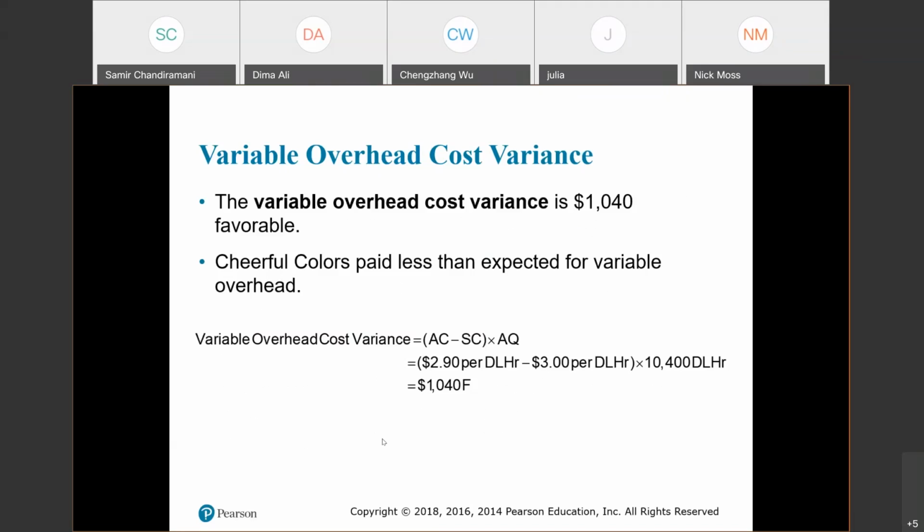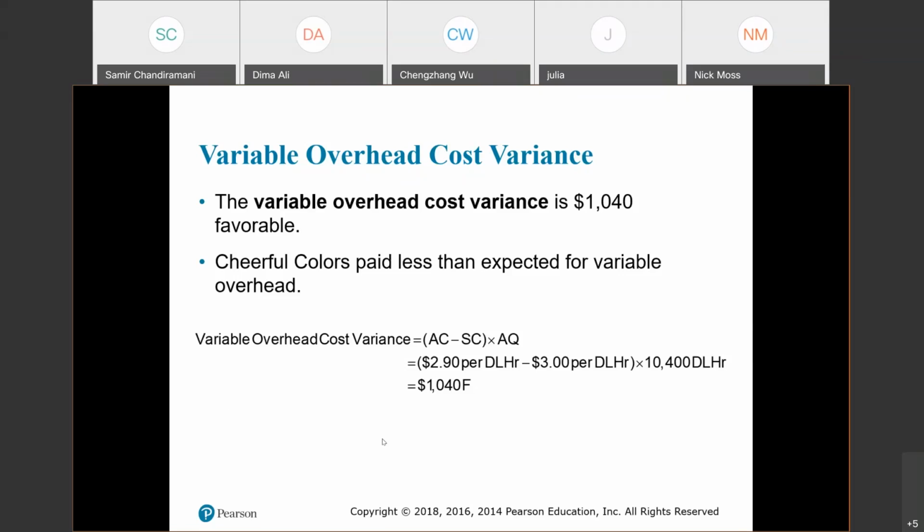This variance measures how well the business keeps the unit cost of variable overhead. We use a similar formula: actual cost minus standard cost times actual quantity. We get a favorable $1,040 as the variable overhead cost variance.